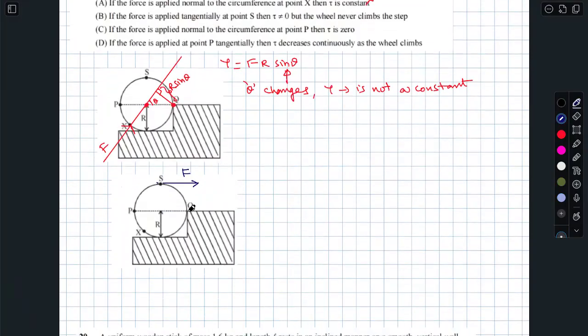Of course, about Q, torque is not equal to 0, undoubtedly. But what if F into R is greater than mg into R about this point?